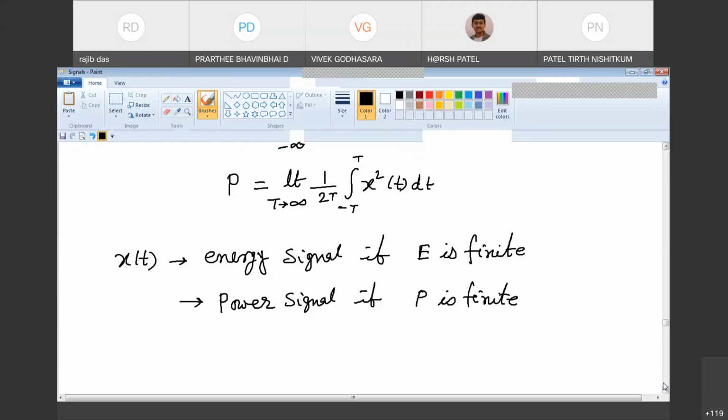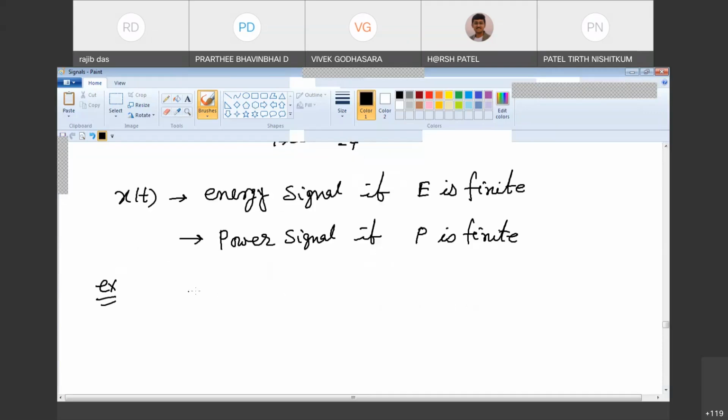Now I'll give you one example. Suppose I consider this one, this is 0, this is 2, and this is 3. This is x(t).